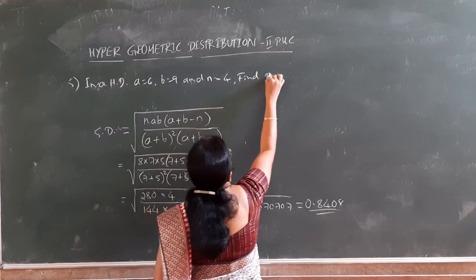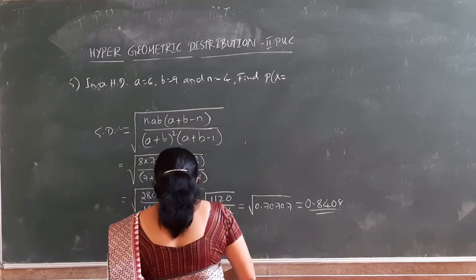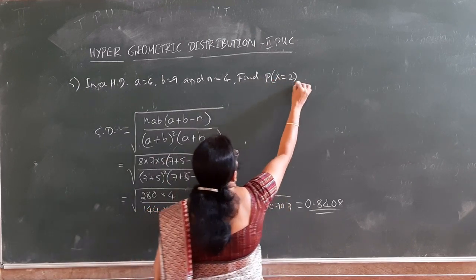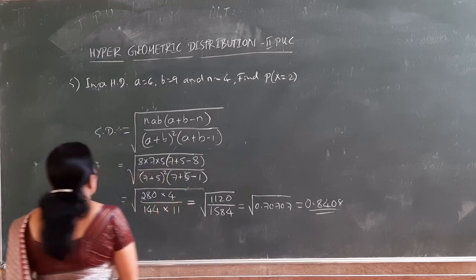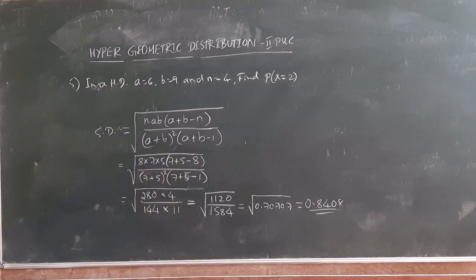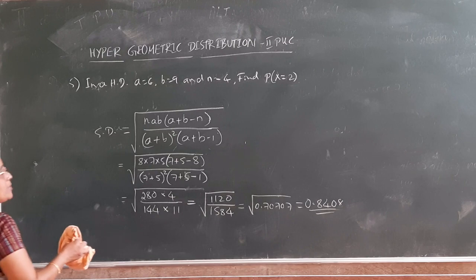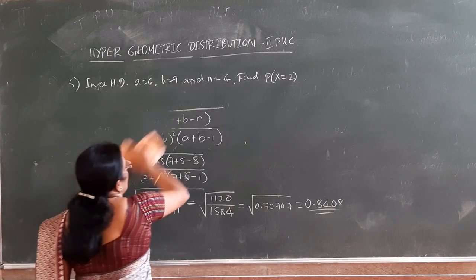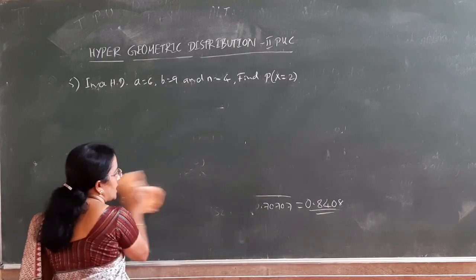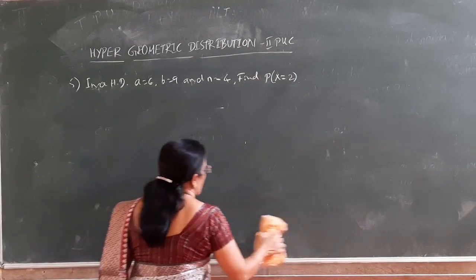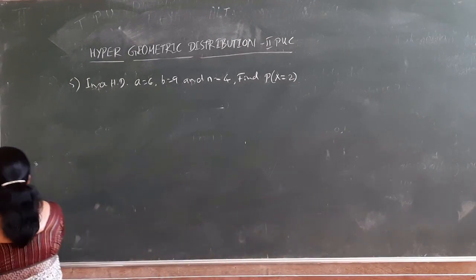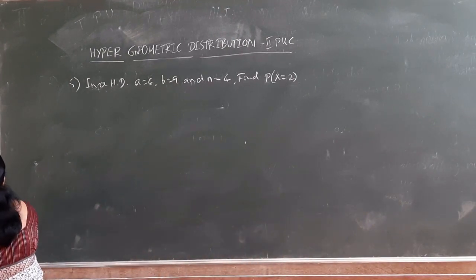Find P of x equal to 2. Here it is asked to find the probability that the random variable x, the hypergeometric variate, takes value 2. For that we must first write the probability mass function.